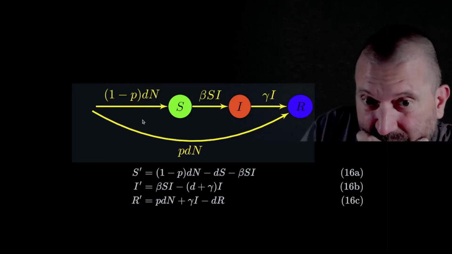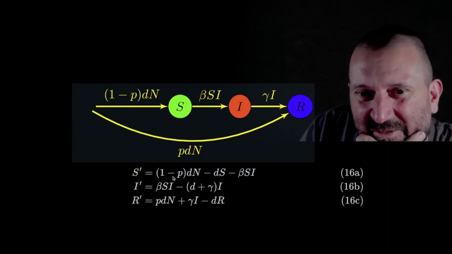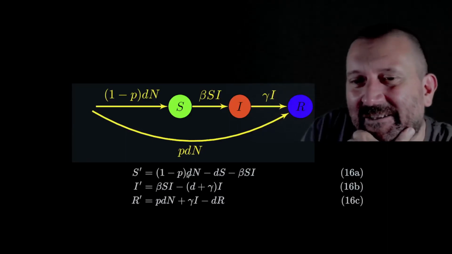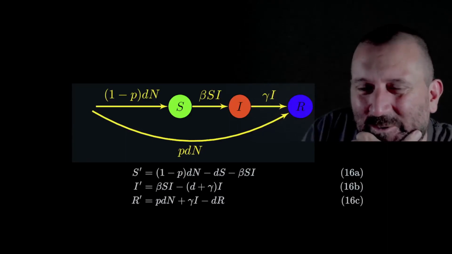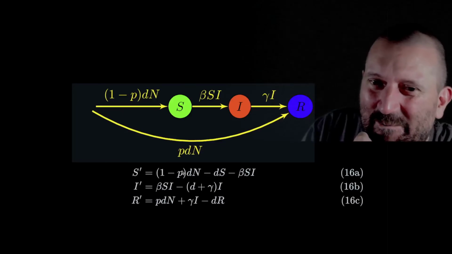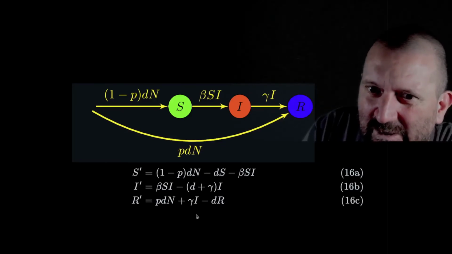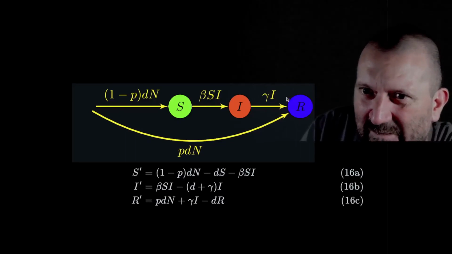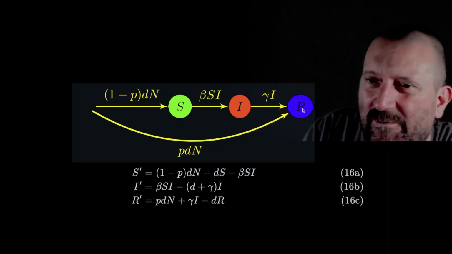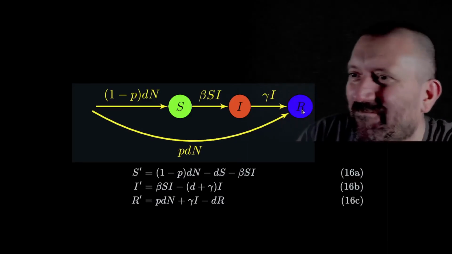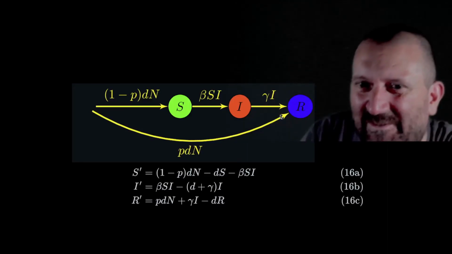So you see the model. It's like a mix between the SIR model of Kermack and McKendrick and the SIS model we saw before, because there is demography, but in the end, everybody ends up recovered. Let's say recovered, removed, doesn't really matter, same.